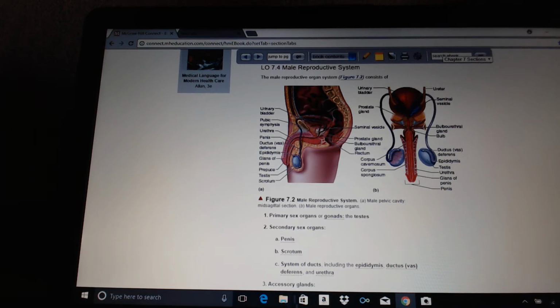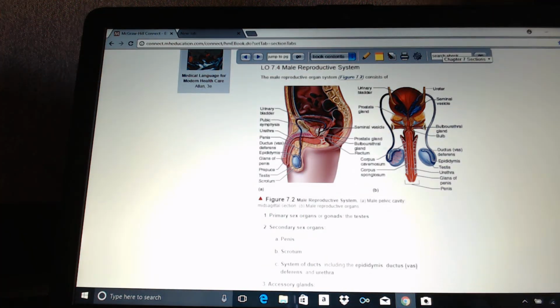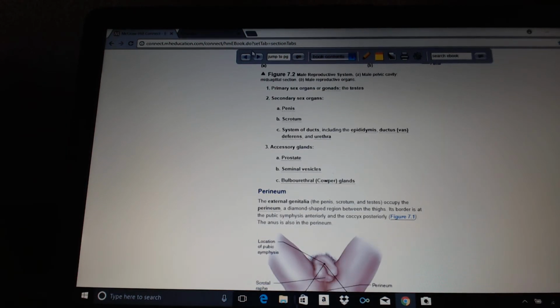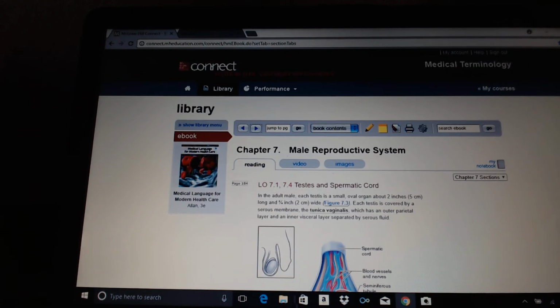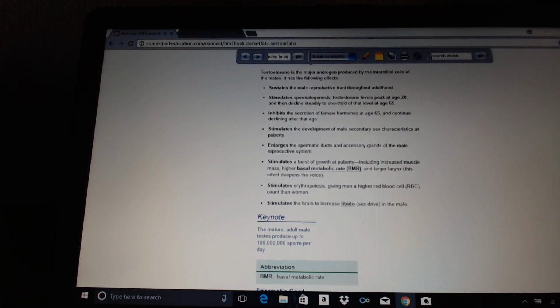When we talk about the male reproductive tract, we talk about the external genitalia, and that's the penis and the scrotum. And the penis, again, is going to serve a dual function.